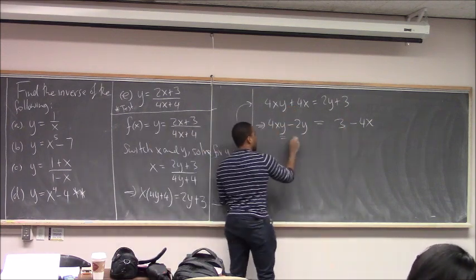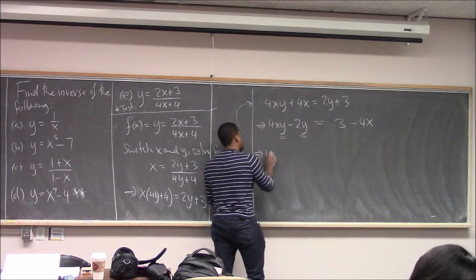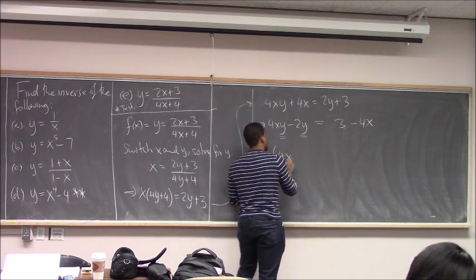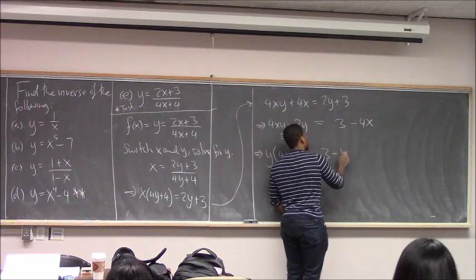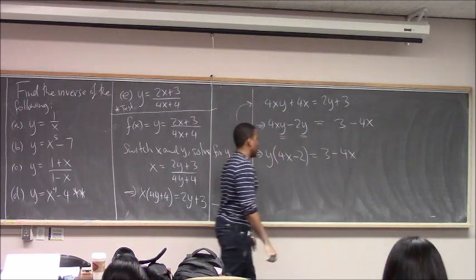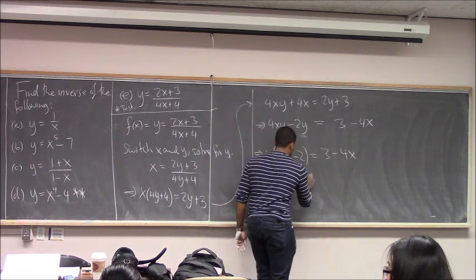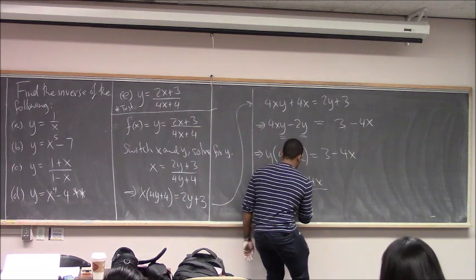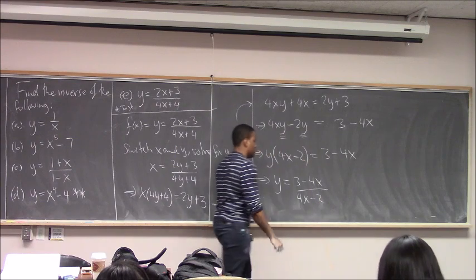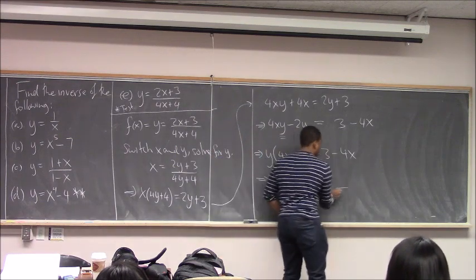Now you realize that y is a common term, so I can factor it out. And now I can just divide both sides by that. And that's your answer. That's the inverse function.